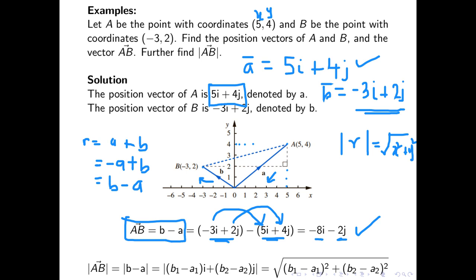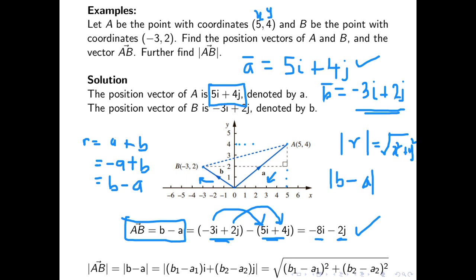So what is our x? Remember we have two vectors in this case now. So we're going to be having the magnitude, R is b minus a. So that becomes the magnitude of b minus a, right? And this will imply the magnitude of b1. Remember, there are two vectors involved here.